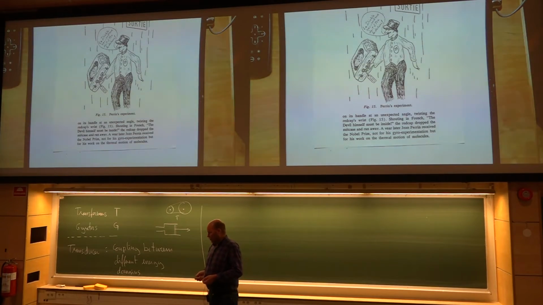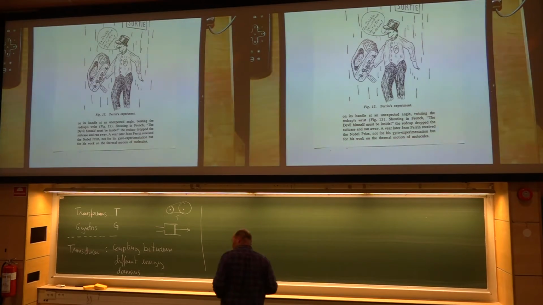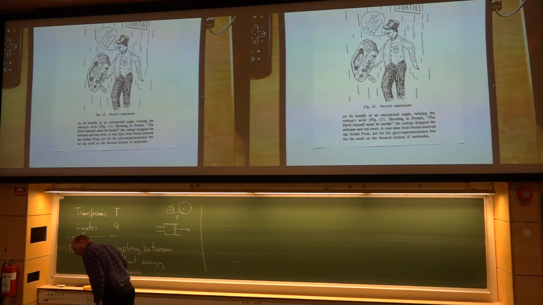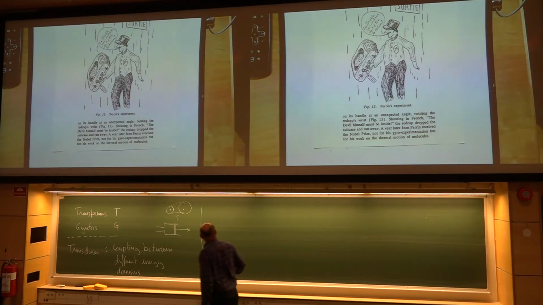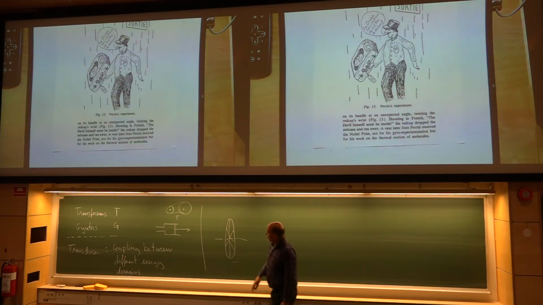You will have the same effect if you take a bicycle wheel. Say here you have a bicycle wheel, axis here. Just look from the side.